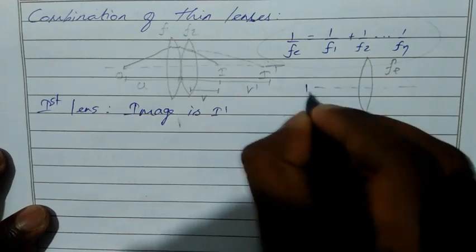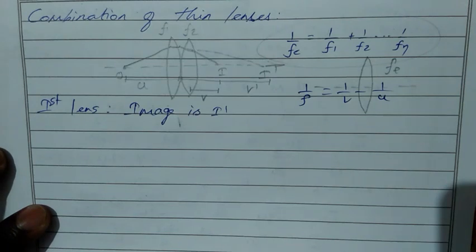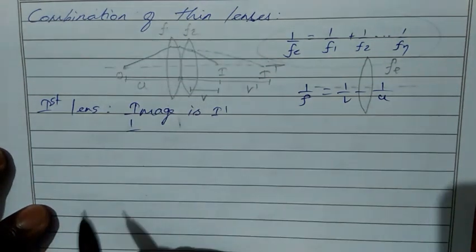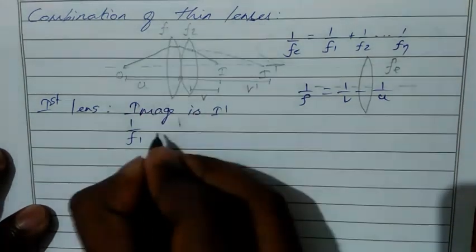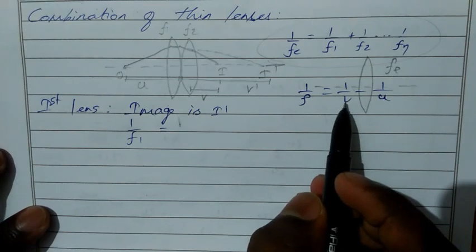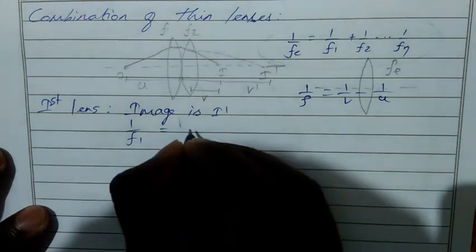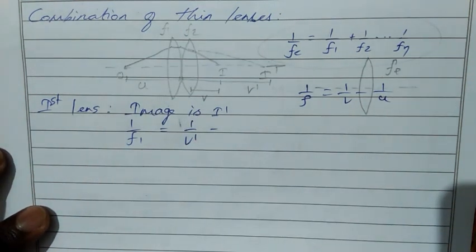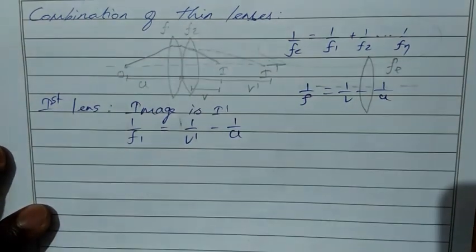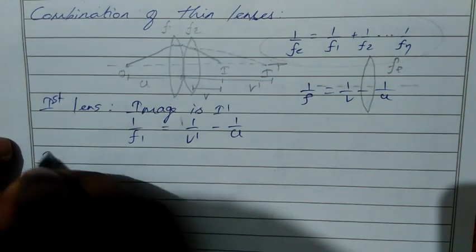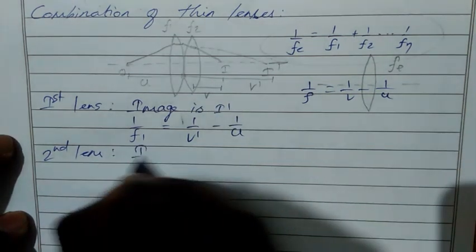Just write the formula here. 1 by f equal to 1 by v minus 1 by u. Okay. So what is f? f is f1. We consider only the first lens. So our f is f1 equal to 1 by v. V means image distance. For first lens, image is formed at v dash distance. So we can write 1 by v dash minus, and this is our object distance u, 1 by u. For second lens, what is our image? Image is I.